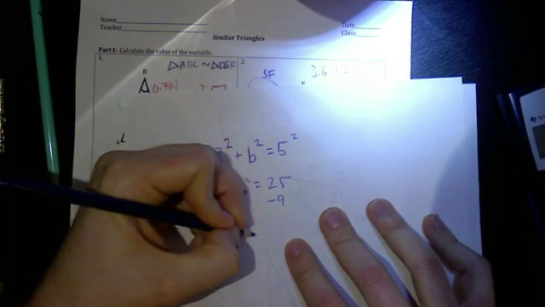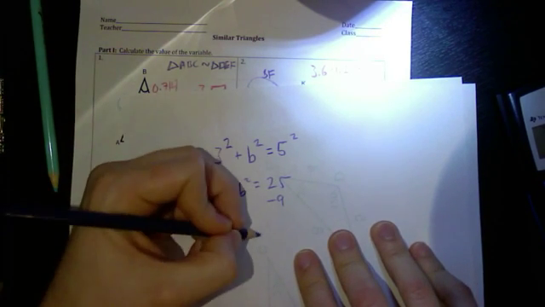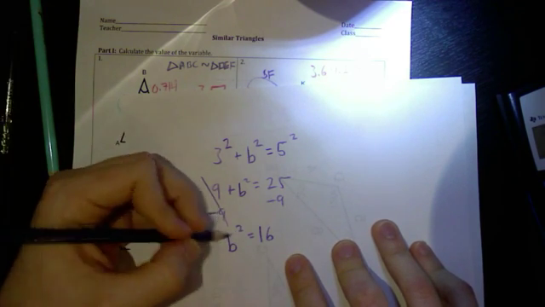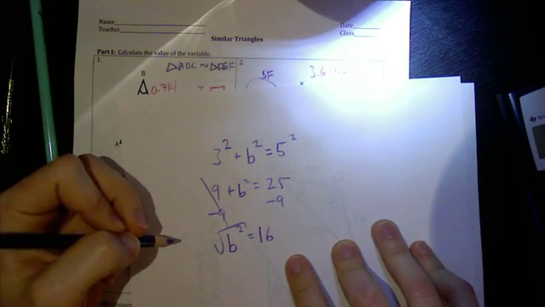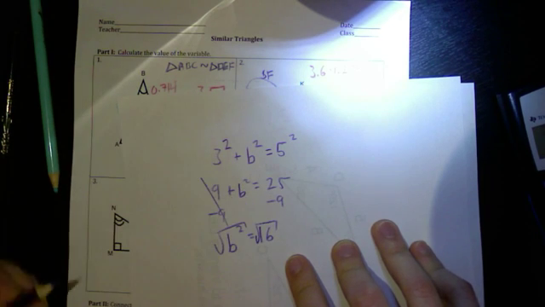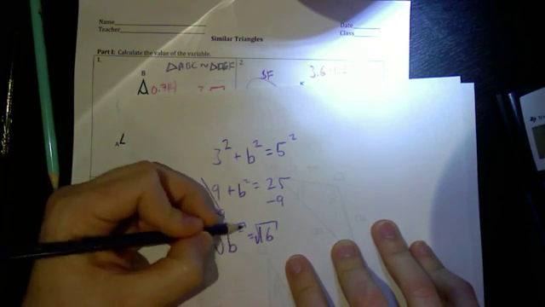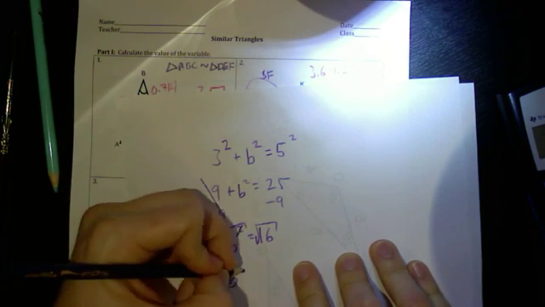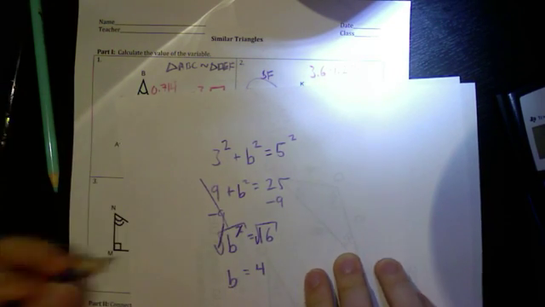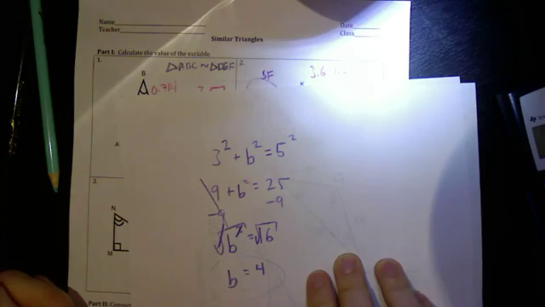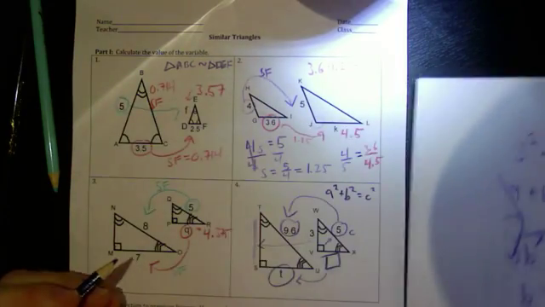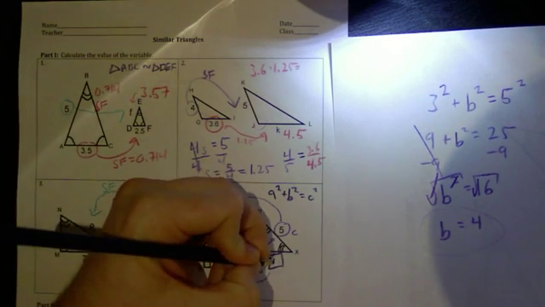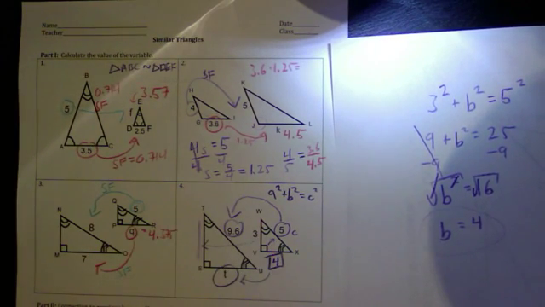I'm left with b squared is equal to 25 minus 9, which is 16. To get rid of the squared, I'll find the square root. If I do the square root on the left side, I've got to do the square root on the right side. The square root cancels with the squared, and so I'm left with b is equal to 4. So that is the length of this side right over here. We just found that that is 4.